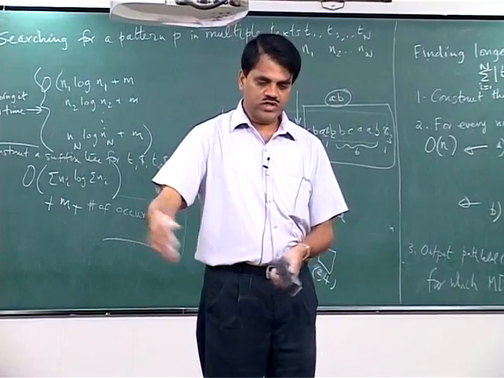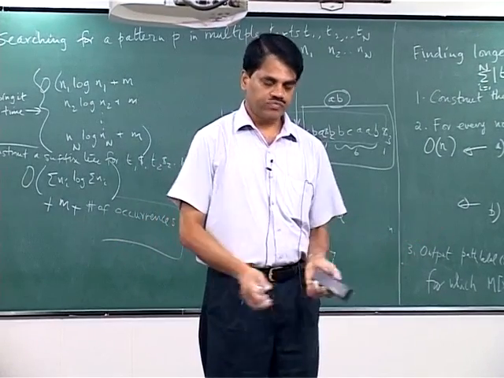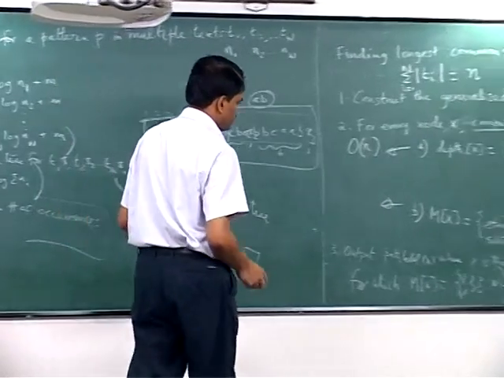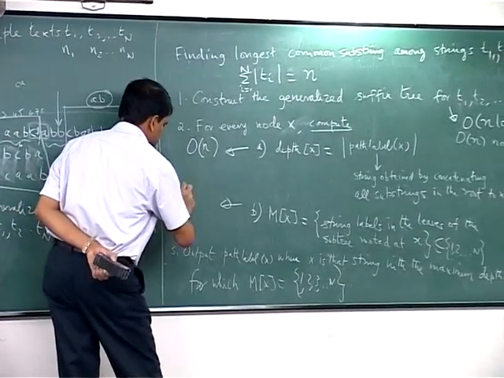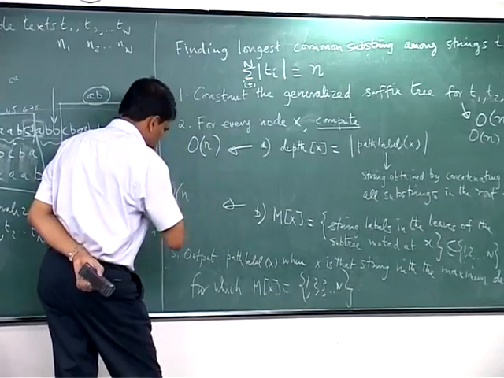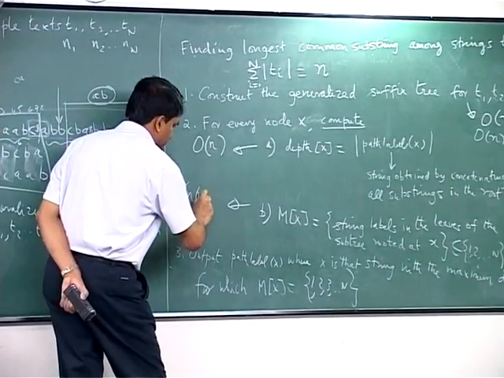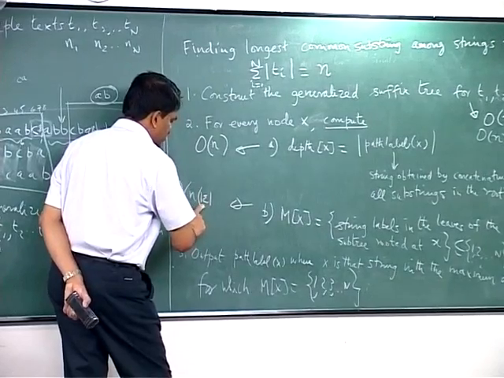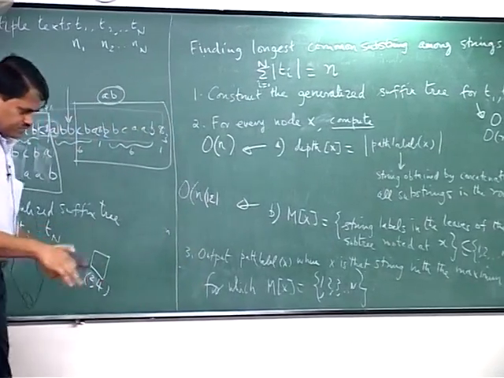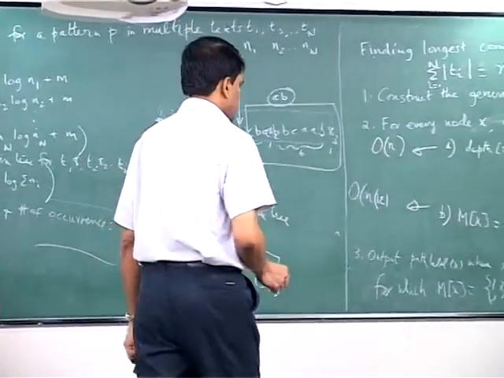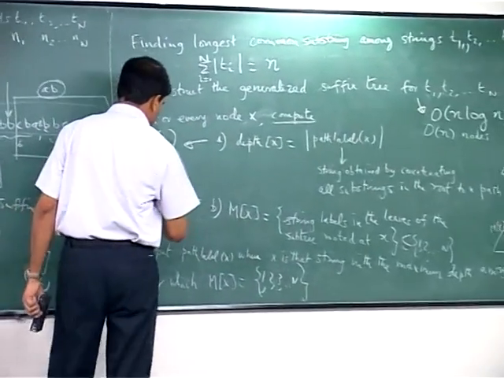So I look at all those and do a union of all of them. So I'm going to write this as order n. For each node, sigma is the number of children I look at, and then I take the sets and do a union of them. So there is some time spent on doing the union.